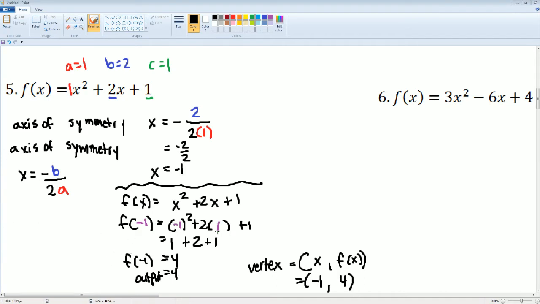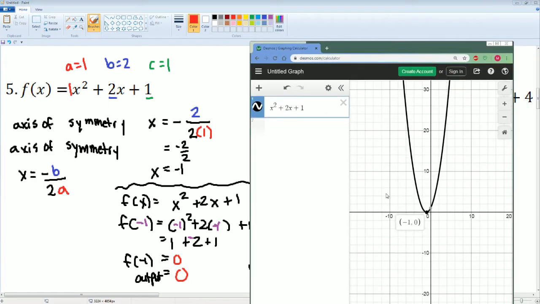Let me double check it. This was a -1, this would be a -2. Yep, I was so wrong. This was a 0. Once you plug it in, 1 plus -2 plus 1 is a 0. So this should be a 0. Good, we can use Desmos tools to double check ourselves. Yay, good job.